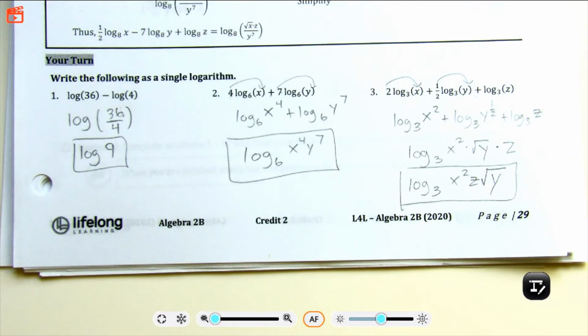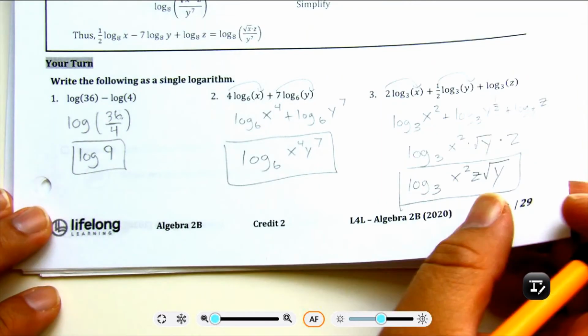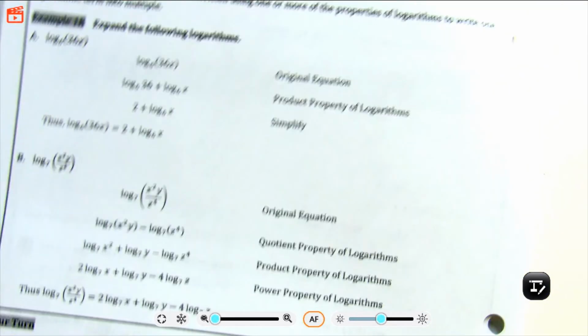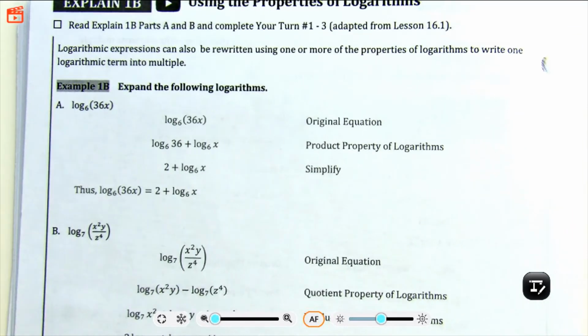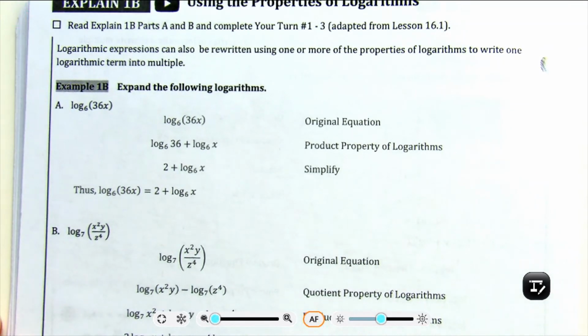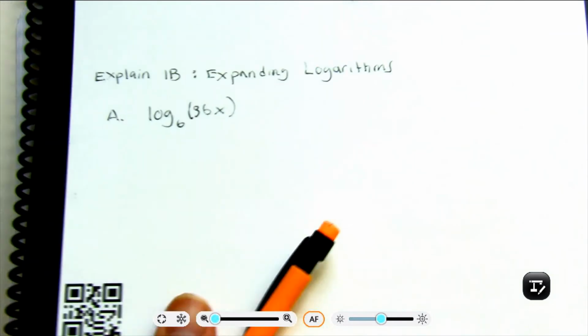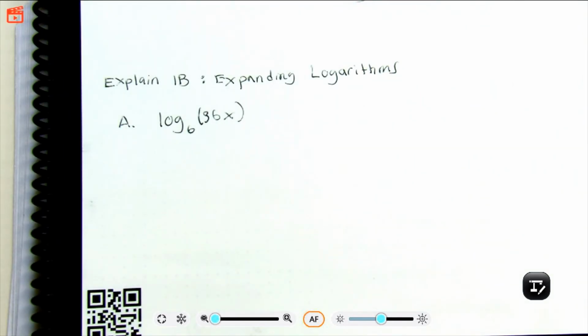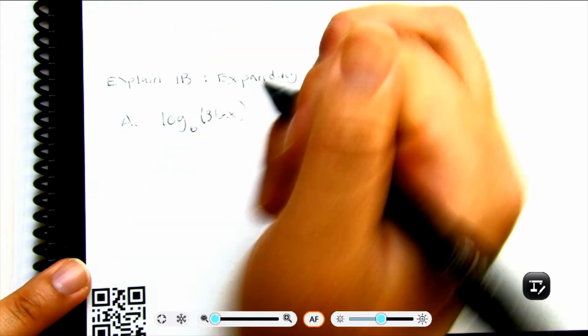Okay, next what we're going to be doing is we're going to go from a single logarithm and we're going to expand on these logarithms. So let's start with the first example, log 6 of 36x. So let's start by expanding this. Now this is multiplication here, so I could expand this using the product property.